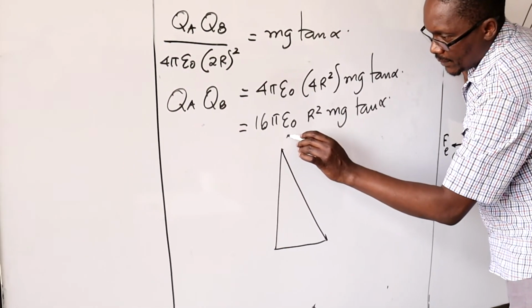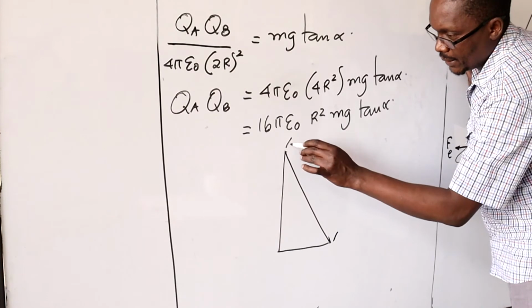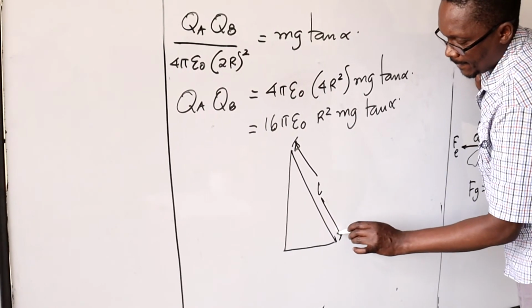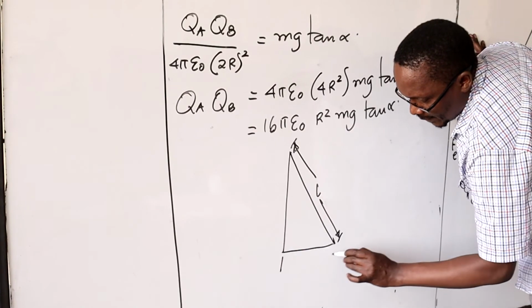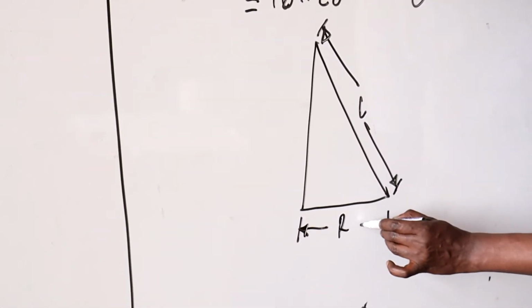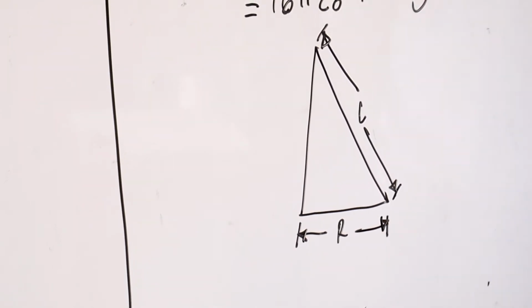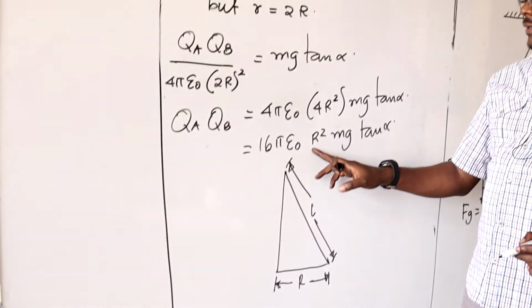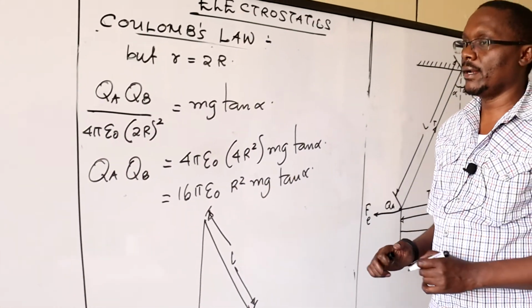The length from this point to this point is indicated as L, and the length from that to that is indicated as R. Now I want to represent R in terms of L so that I can substitute the value of R there.